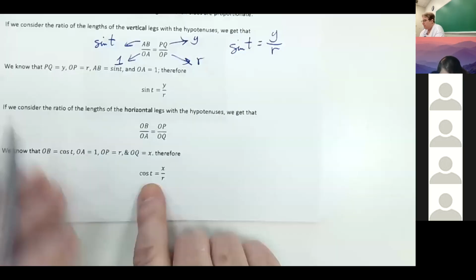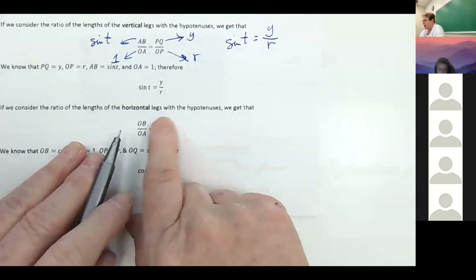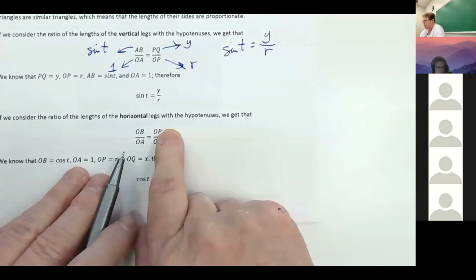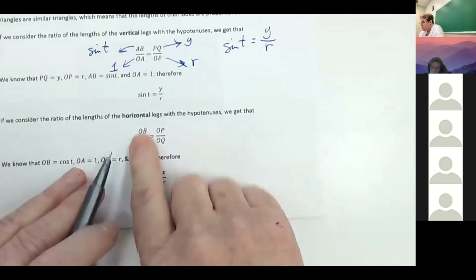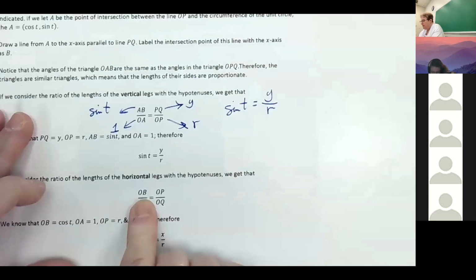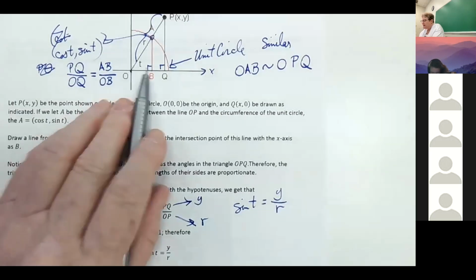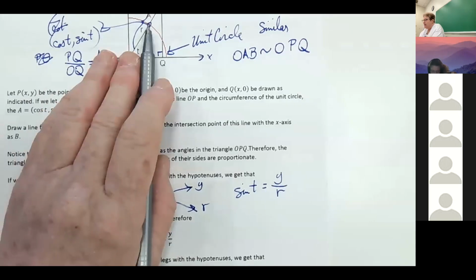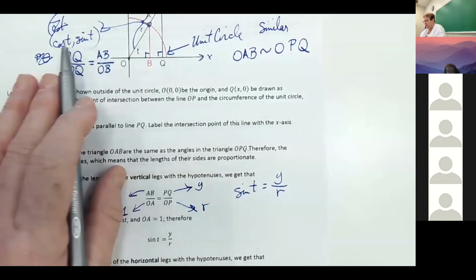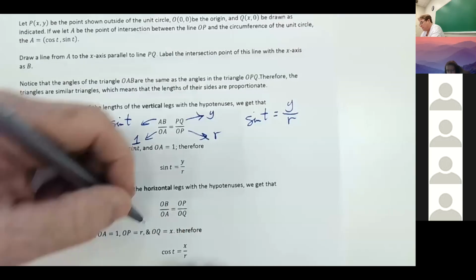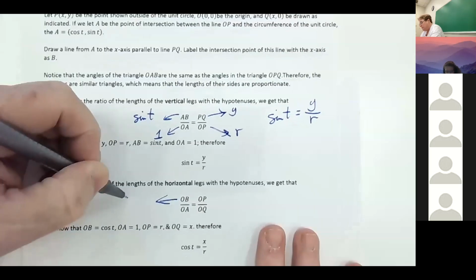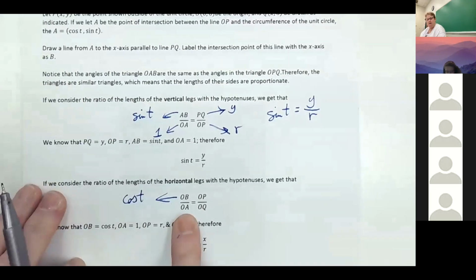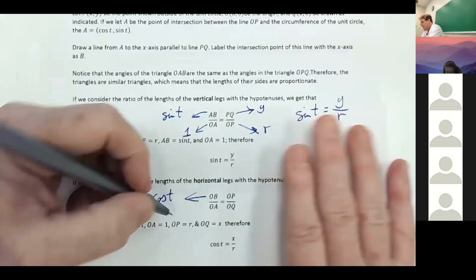Similarly, OB over OA is equal to OP over OQ. OB, that's the x distance to the point A. That means we're looking at the cosine. OA, that's going to be 1.